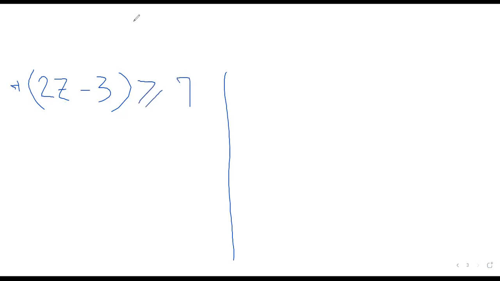On the other hand, you can take the negative sign, 2z minus 3, and that must also be greater than or equal to 7. So simultaneously you can solve these two and you will get the answer.